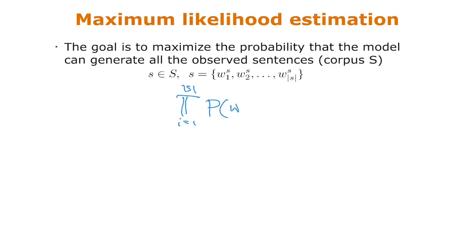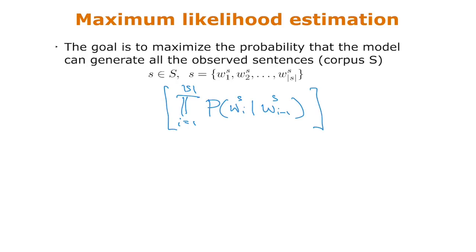So probability of generating the ith word in that sentence on the basis of the preceding word in that sentence. And the product of these probabilities is what the Markov model assigns as the probability of generating this sentence. That's for a single sentence.